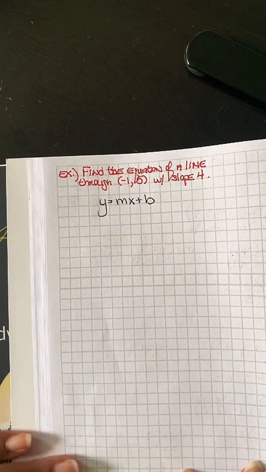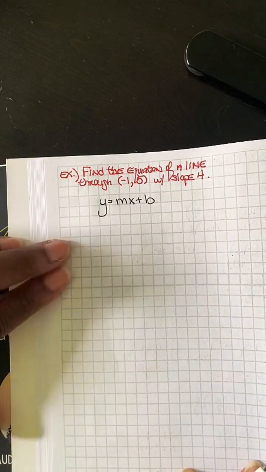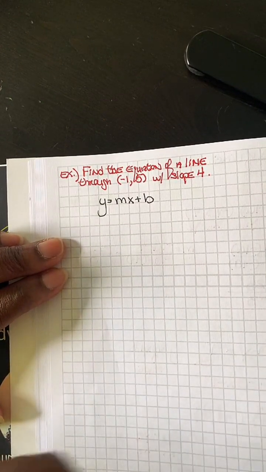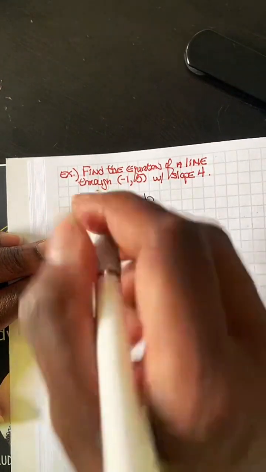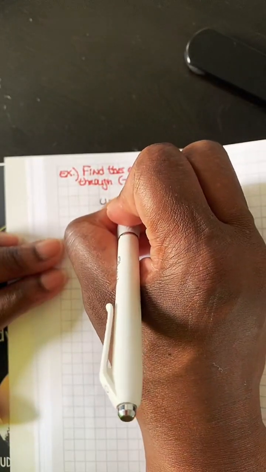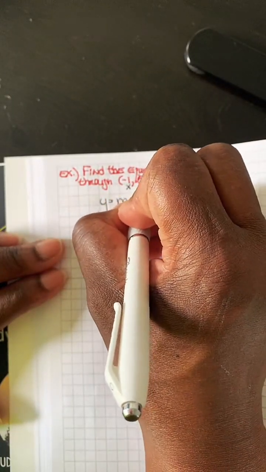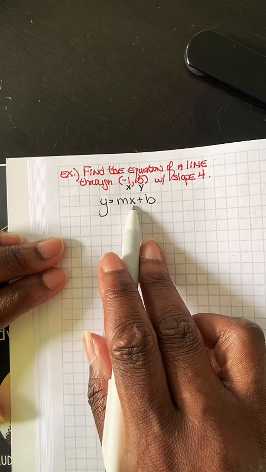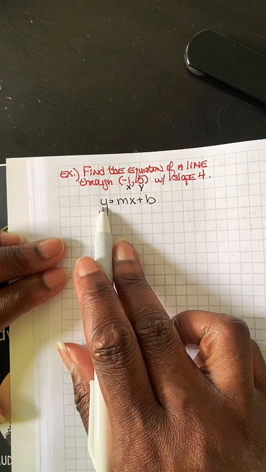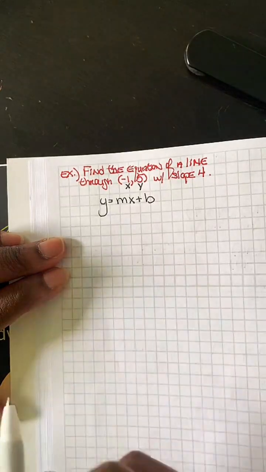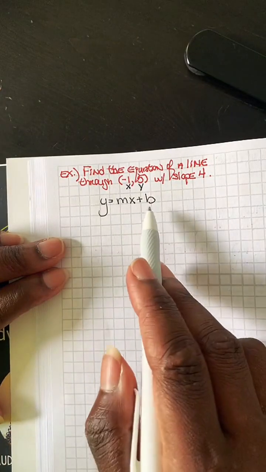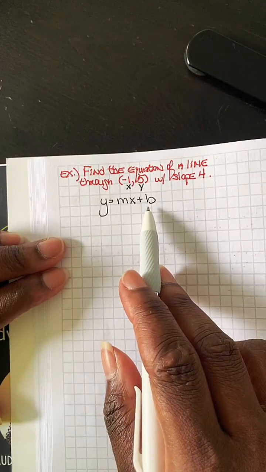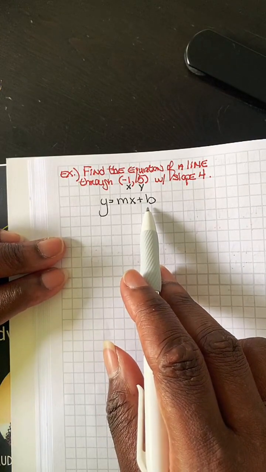Okay, we know that. So we are missing our b. They are giving us the x value and the y value of a point. So they're giving you the x and the y to put into this equation. The reason why we're going to do some substituting is because they did not give us what our starting point is, what our b is.